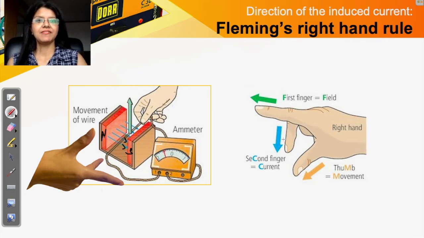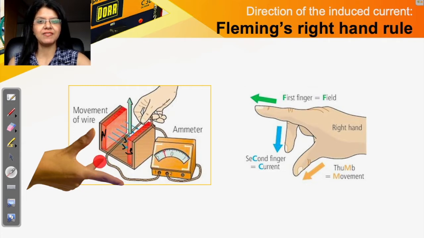so let's apply Fleming's right hand rule. This is your right hand. All of you take out your right hand. The first finger should point in the direction of the field, north to south. The thumb should now point in the direction of the movement of the wire. The thumb should point up. Then you see that your second finger gives the direction of the current.